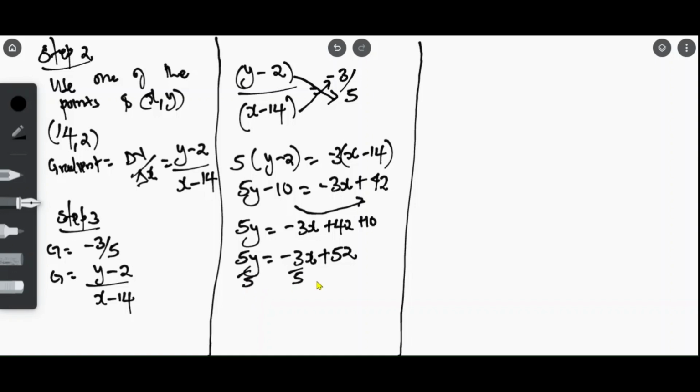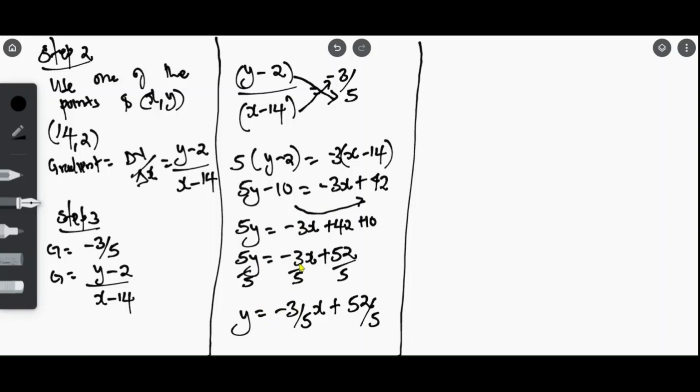My answer will be y is equals to negative 3 all over 5x plus 52 all over 5. So that is now the equation of that line.